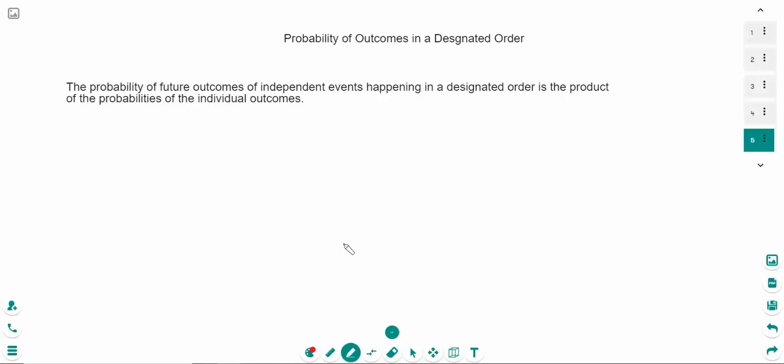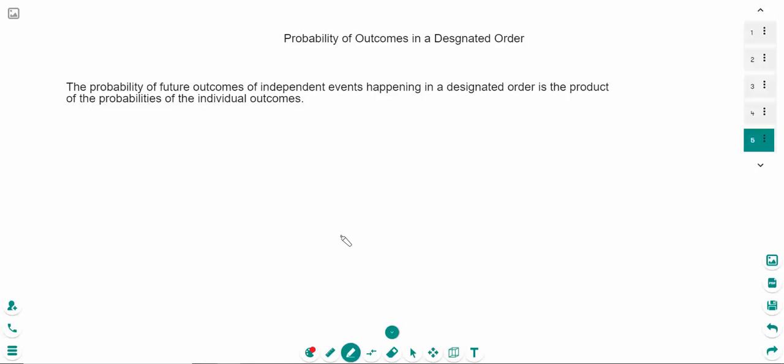One more thing we need to talk about in relation to probability. And that is, what about if we want something in a designated order? So everything that we've looked at so far has just kind of been a single event. We're interested in deciding whether or not we're going to get a heads, or whether or not we're going to pull a certain card out of a deck, or whether or not we're going to roll a 7.